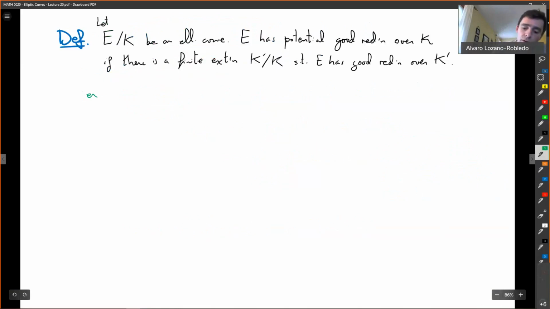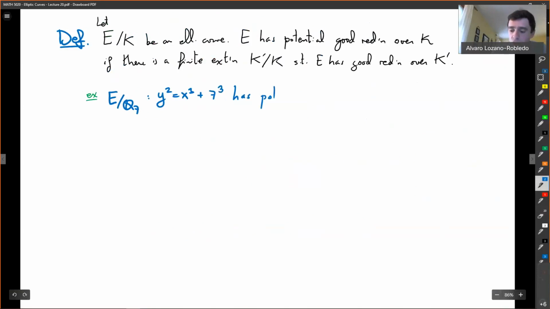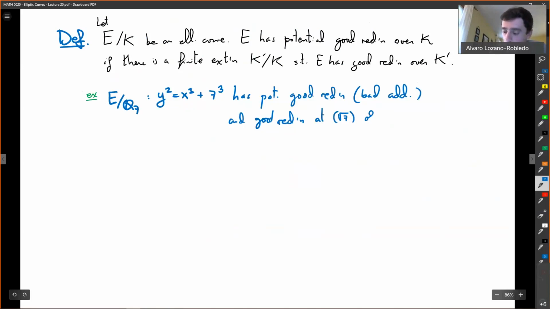So in the example above, E over Q7 given by y squared equals x cubed plus 7 cubed has potential good reduction: bad additive, and good reduction at the prime ideal square root of 7 of Q7 adjoining the square root of 7.